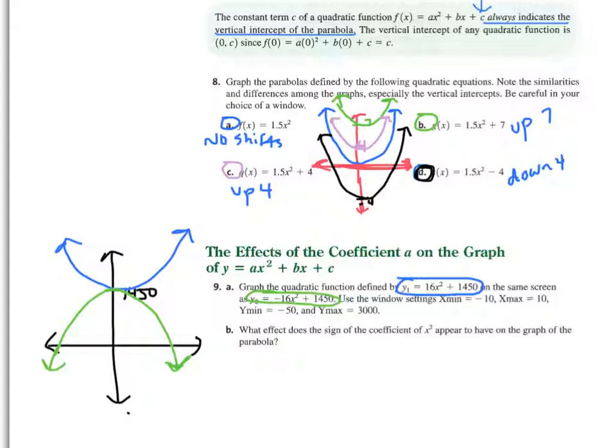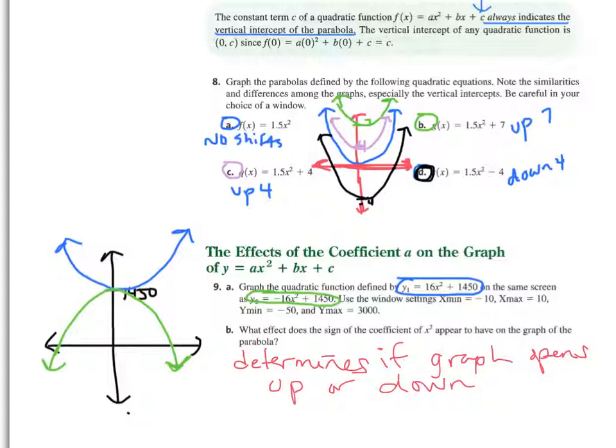So what effect does the sign of that one have on the graph? The sign determines if the graph opens up or down. When it's a positive 16 it opened up, and a negative 16 opened down.